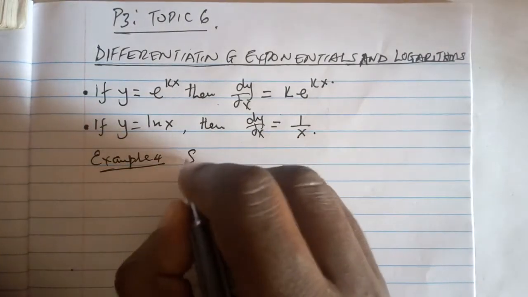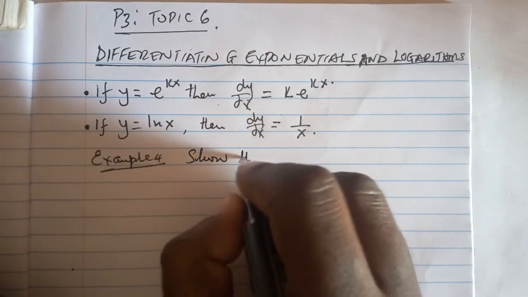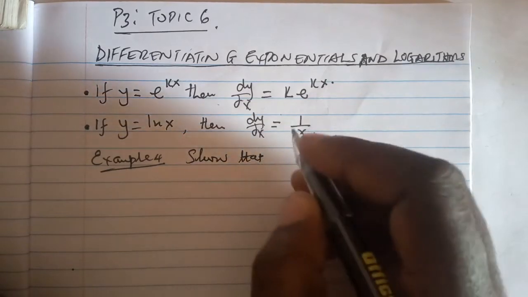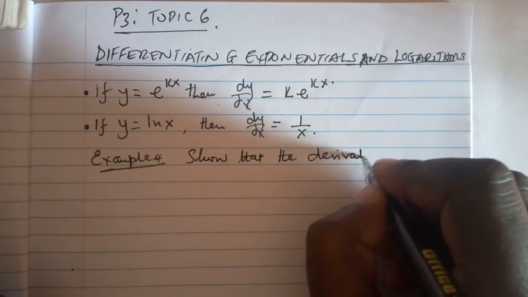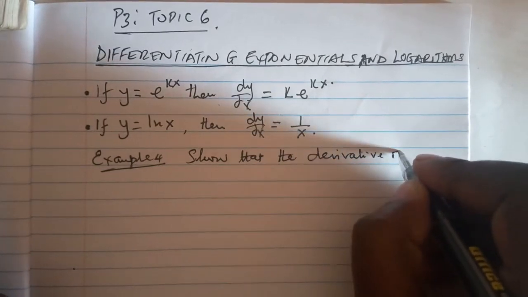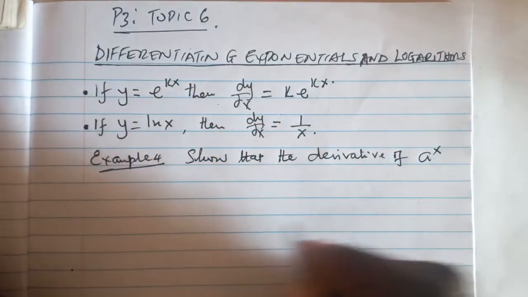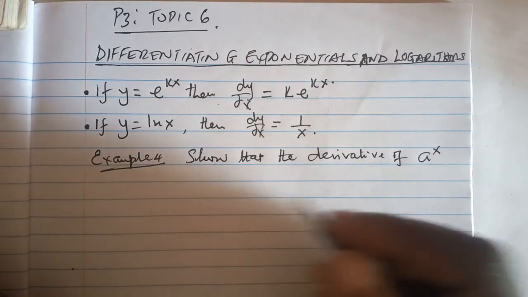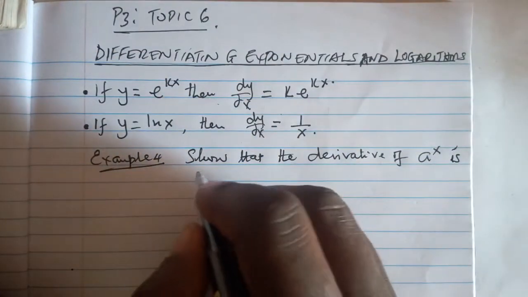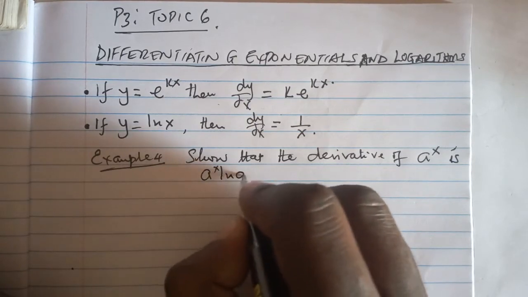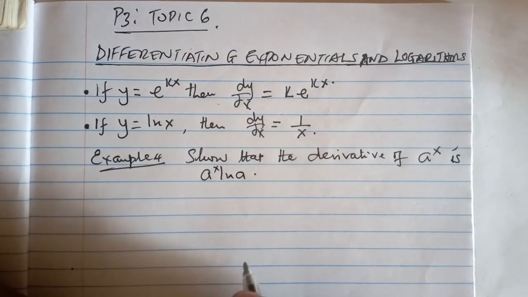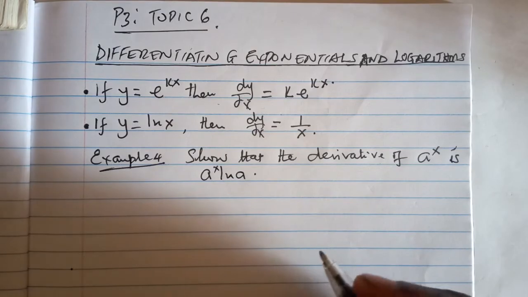We are told to show that the derivative of a raised to power x is a raised to power x ln a, and that's just where we start.